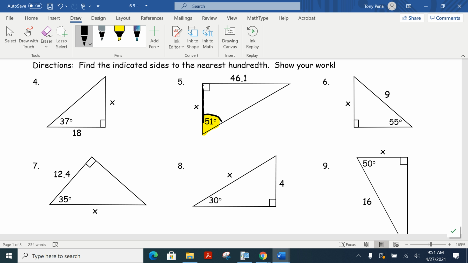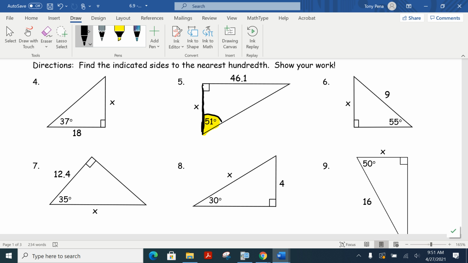So if I now ask you, with 51 degrees as our reference angle, is x the opposite, the adjacent, or the hypotenuse? x is which side on this triangle if this is our reference angle? The opposite side of 51, the adjacent side of 51, or the hypotenuse? What does it have to be?